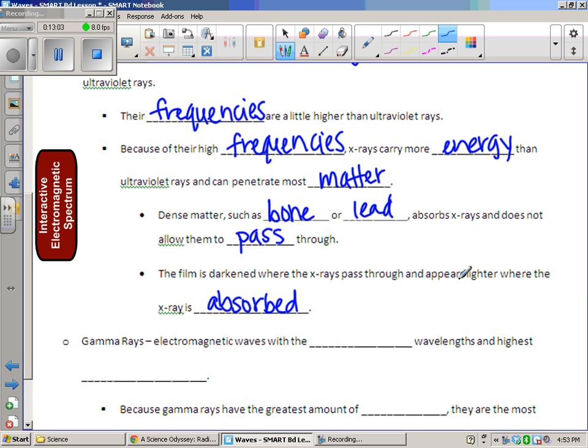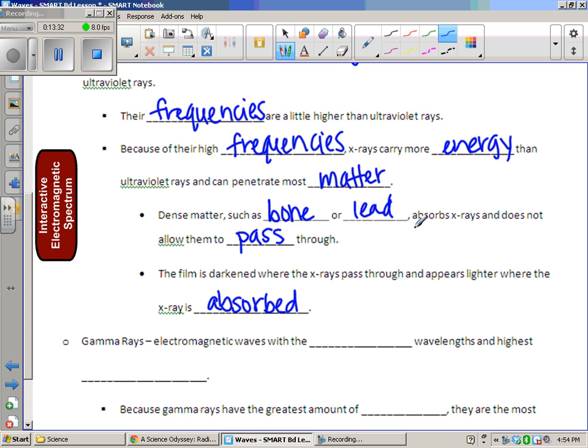So we know that X-rays are used so you can see if there's anything broken in a bone or if you have any cavities if you go to the dentist. But you also might notice that when you get X-rays taken, they put a lead apron on you over the rest of your body so that the rest of those X-rays that you don't need going through a particular area are absorbed by that lead apron.